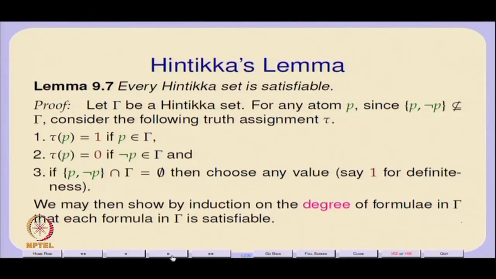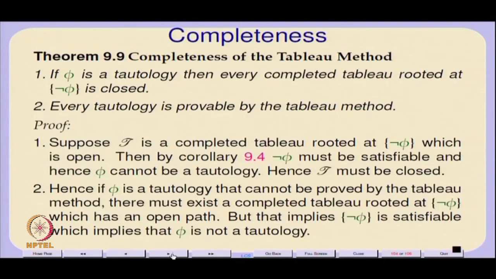So, your tableau method is complete, and in a similar fashion the resolution method is also complete. The tableau method is complete in the sense that, firstly, every logical argument can be converted into a set of formulae such that the argument is valid if and only if this set of formulae is unsatisfiable.